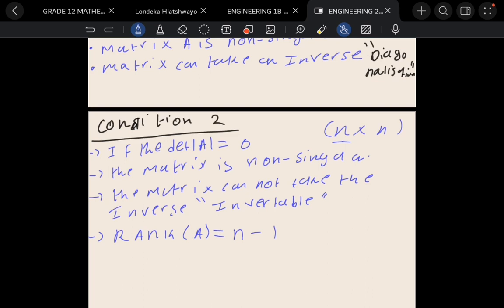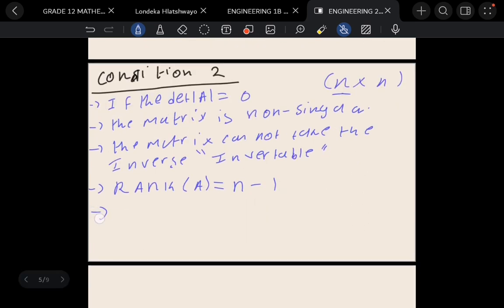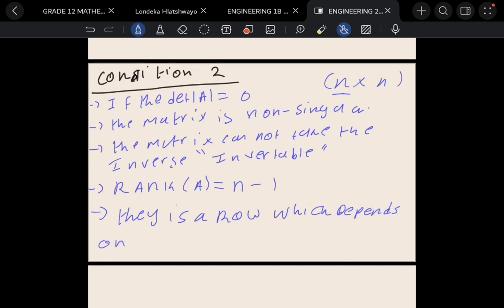This value of n will be subtracted by 1, because it means that there is a row here which depends on a particular row.